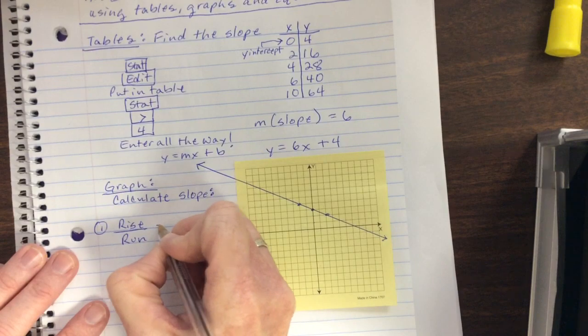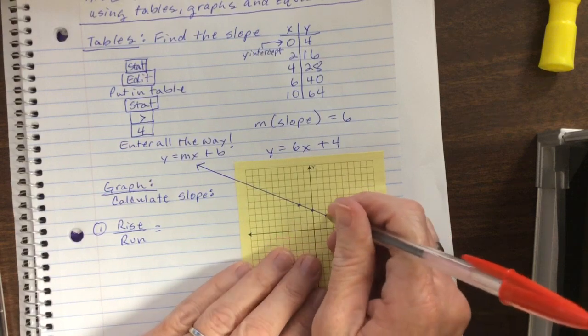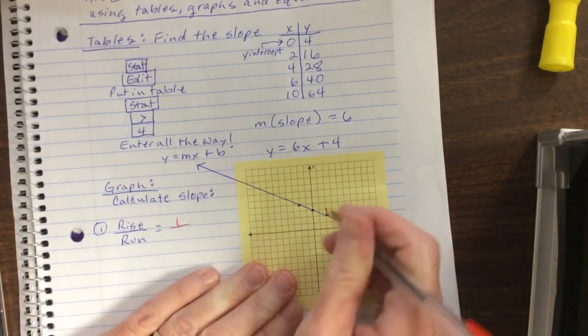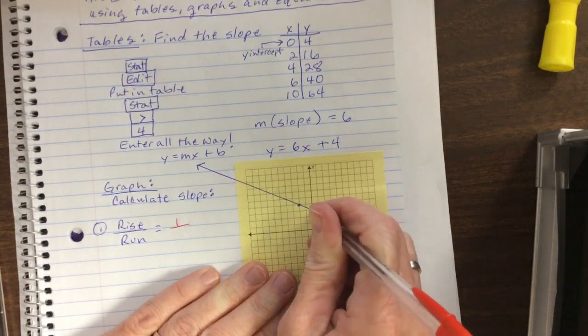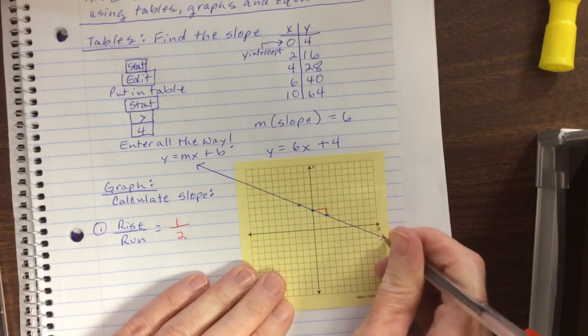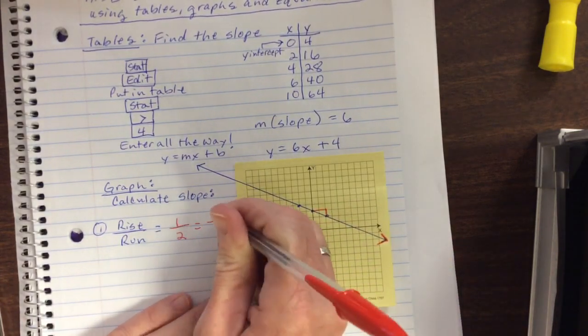That is finding two exact points, which we already did, and we're going to go up from 1 point. So we will go up 1, and we will run 2. And we can see that this line is negative, therefore our slope is -1/2.